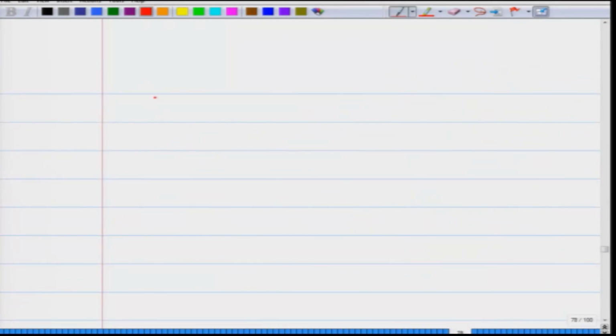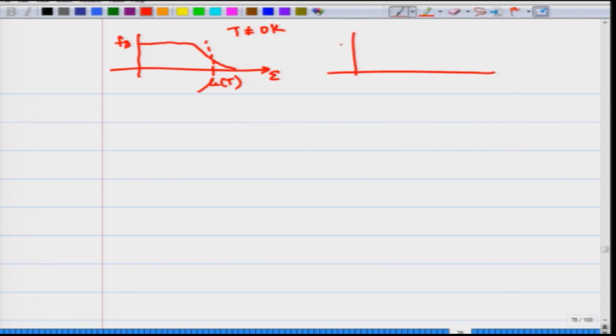At finite temperature, your Fermi Dirac distribution changes slightly. Here is the chemical potential at temperature T, not equal to 0 Kelvin, and G(E) as a function of E is still E raised to half.